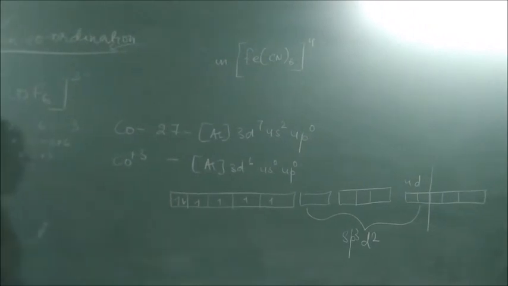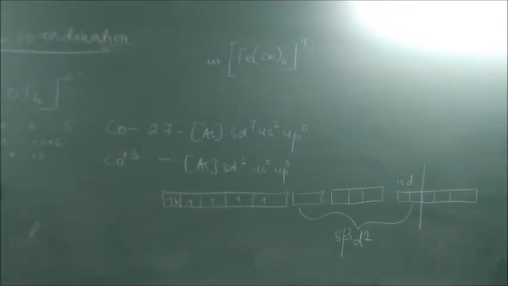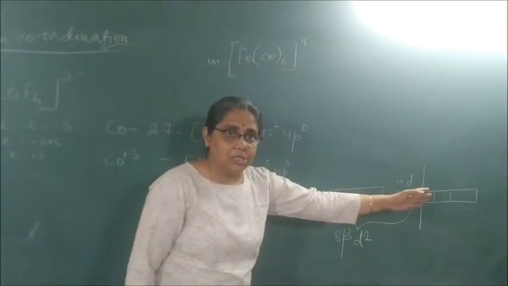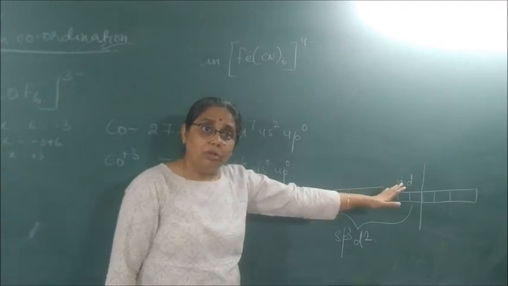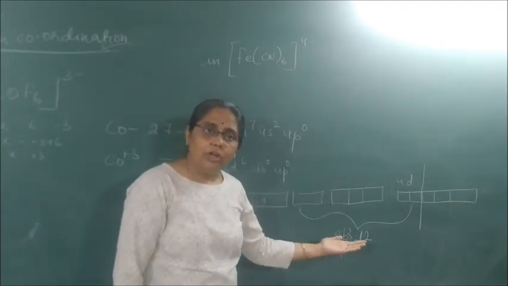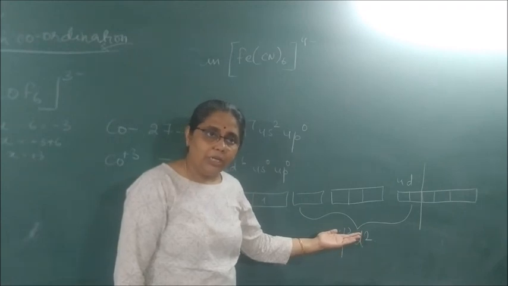If it is a weak ligand, it does not show force pairing or spin pairing. So it will take the help of these further orbitals. So what orbital are we using now? The 4d orbital, an outer d orbital. So it will be an outer orbital complex.